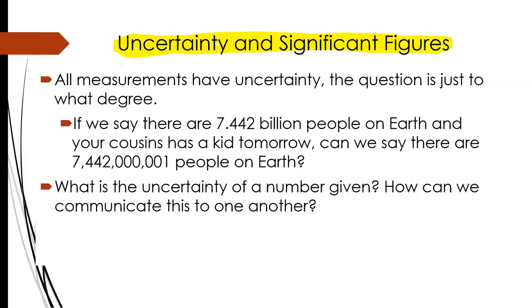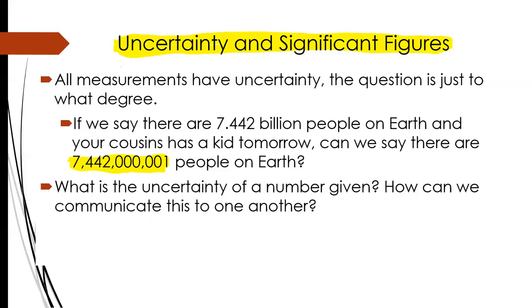But anytime we use a tool to make a measurement, then there's going to be some uncertainty in it. So let's look at the population of the Earth, right? There's 7.442 billion people on Earth. And let's say that your cousin has a kid tomorrow. Do we want to update that to now say that there's 7.422 billion and 1 people on Earth?